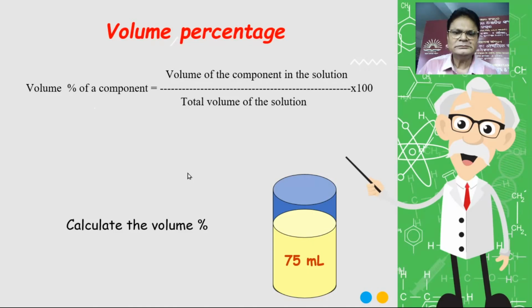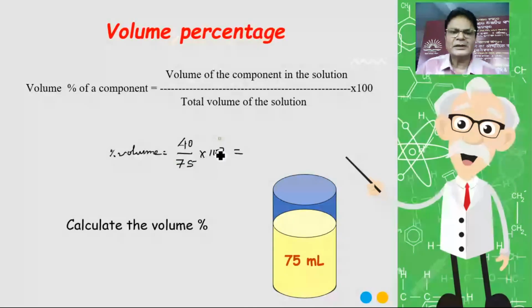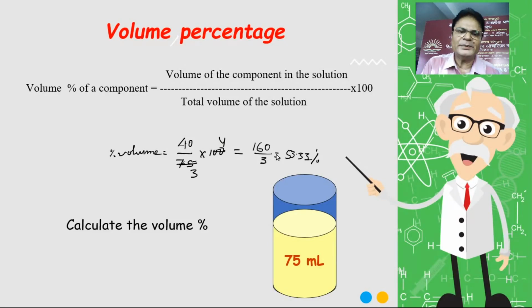Percent volume is equal to 40 divided by 75 into 100, which is equal to 160 divided by 3, right? So it will be about 53.33% approximately. So this is the volume percent.